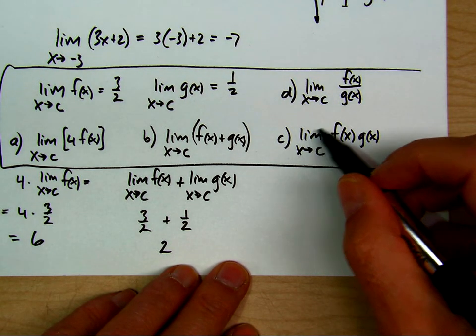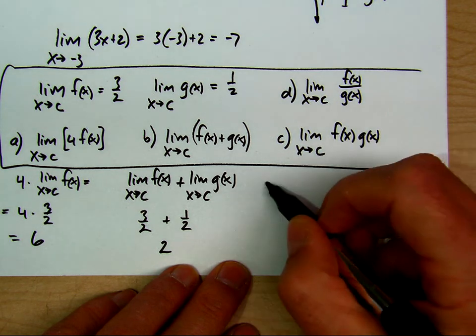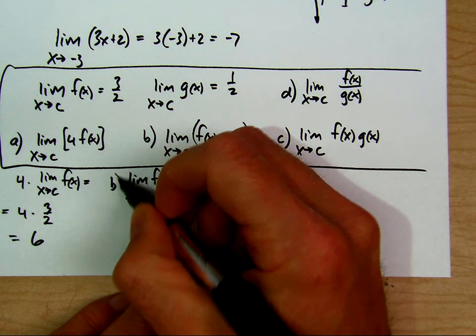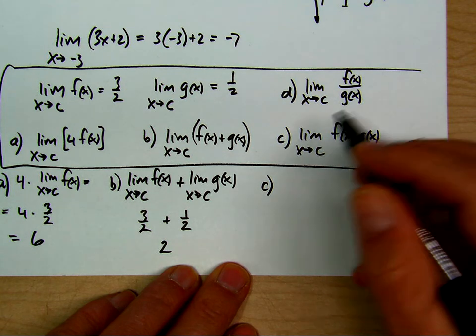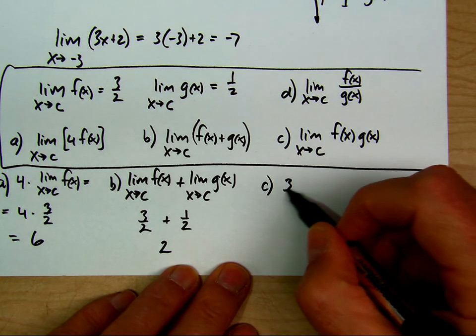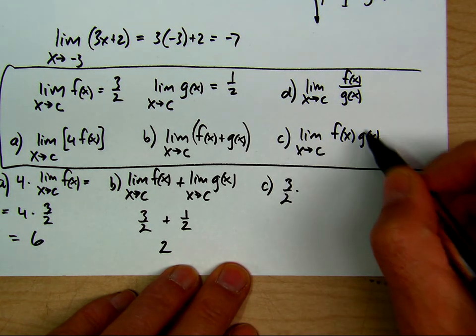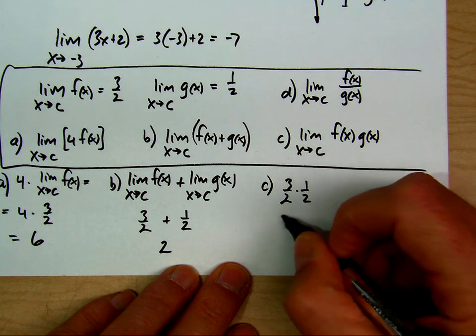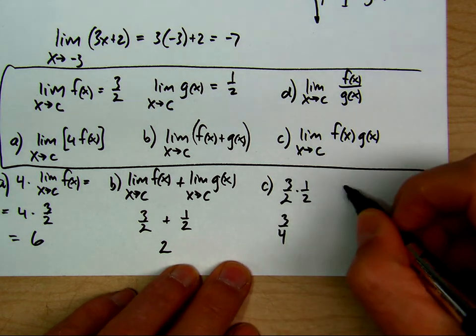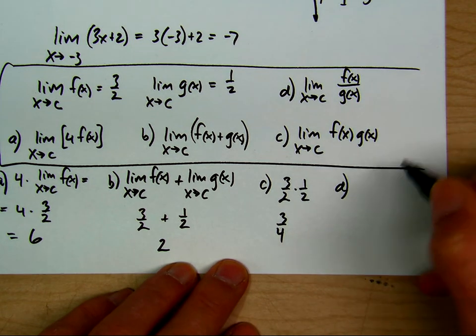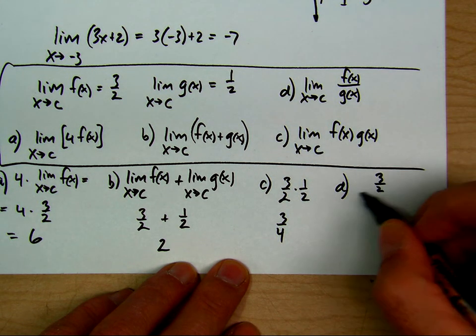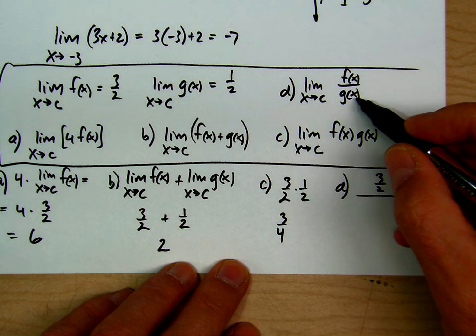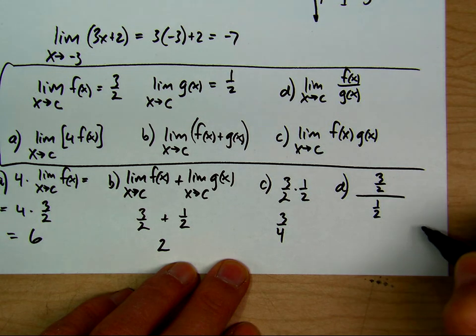So here we have limit of f times limit of g. So for part C, we do limit of f is 3/2. Limit of g is 1/2. So we get 3/4. And here we have limit of f, 3/2, limit of g, 1/2, and we get 3.